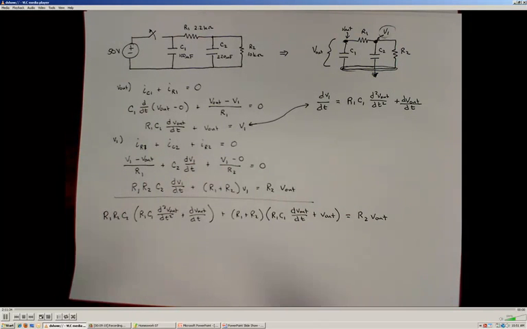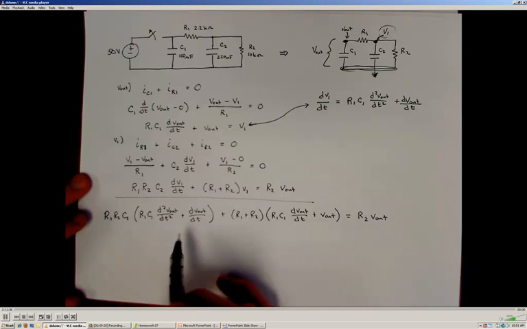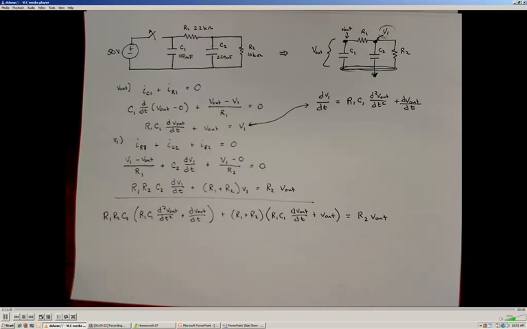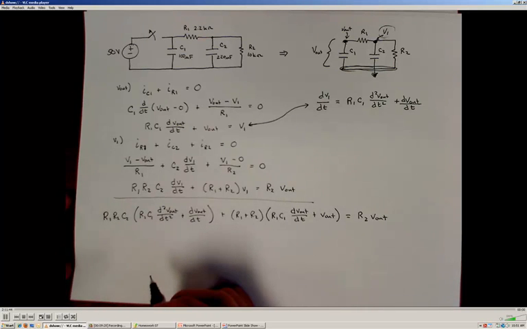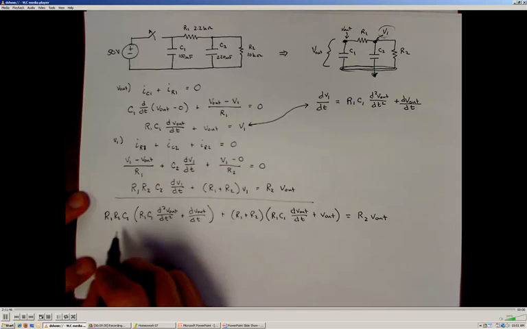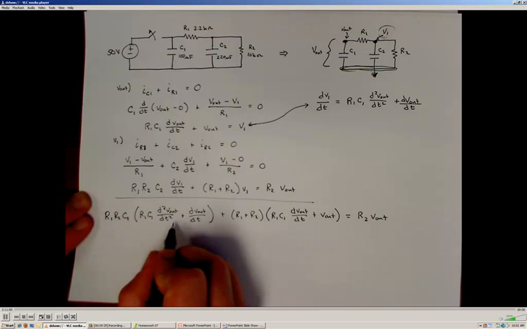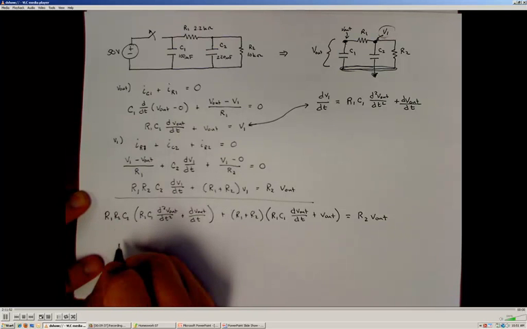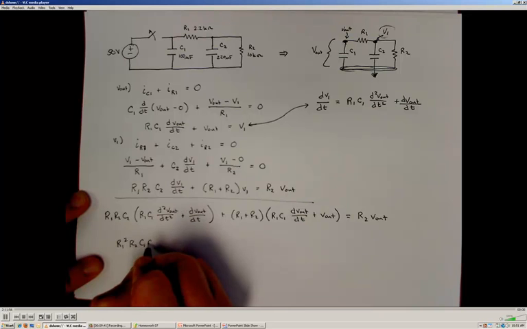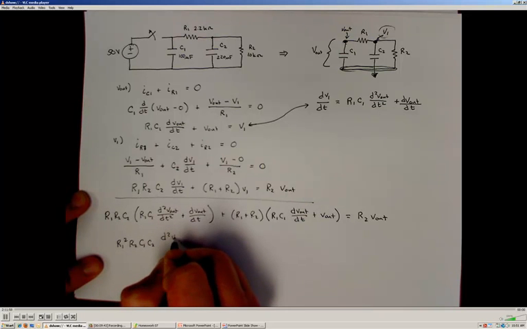Now what I'm going to do is gather like terms, multiply things through, and try to get this into the general second order form. When I go through my algebra, I should wind up with my second order differential equation, with the second order term being multiplied by R1 squared R2 C1 C2 times the second order derivative of the output voltage.